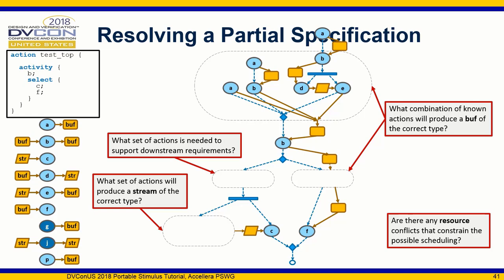And we give you the flexibility to say, okay, now I'm going to a different platform, swap in this implementation of that behavior. But the semantics of how those two behaviors relate to each other is defined and allows the tool to stitch those things together to implement the intent that you have on the platform that you're targeting. And that's how portable stimulus works.